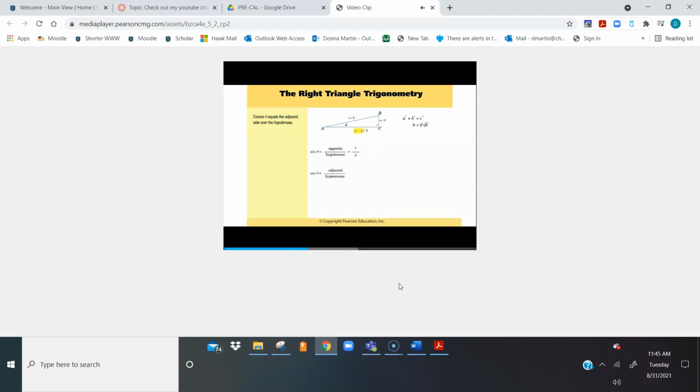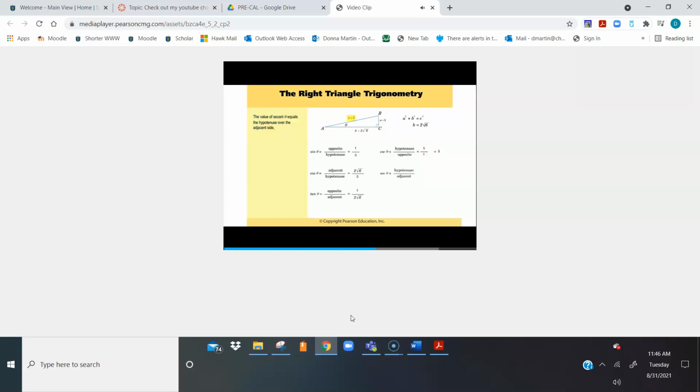Cosine theta equals the adjacent side over the hypotenuse, which is 2 times the square root of 6 over 5. The value of tangent theta equals the opposite side over the adjacent side, or 1 over 2 times the square root of 6. Cosecant theta equals the hypotenuse over the opposite side, or 5 over 1, or 5.